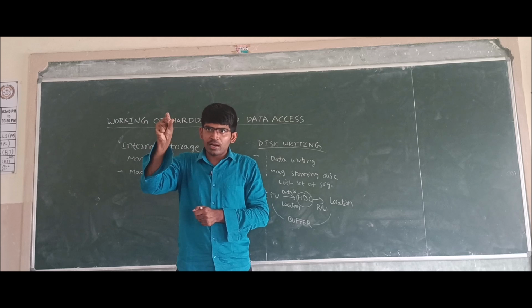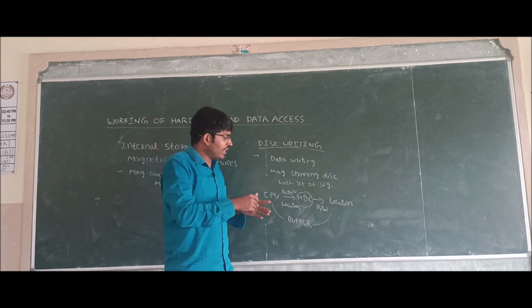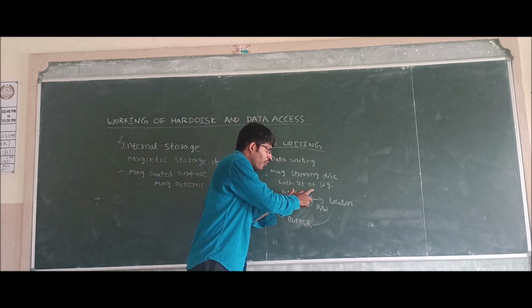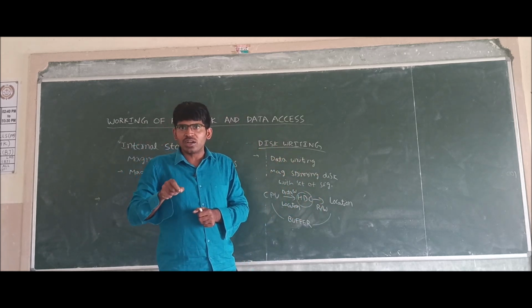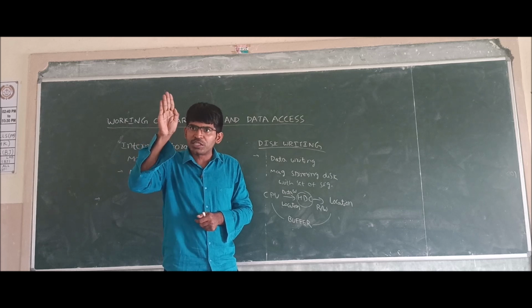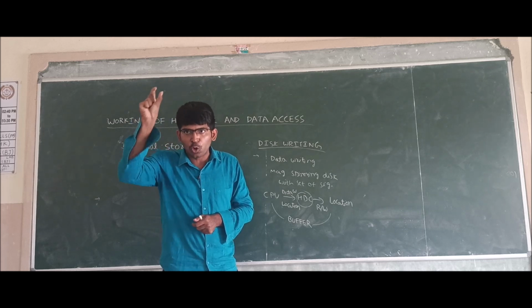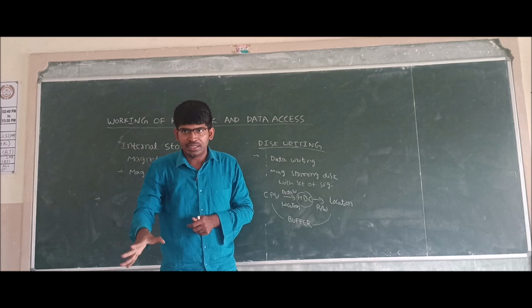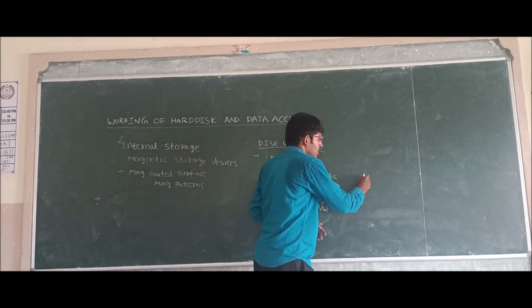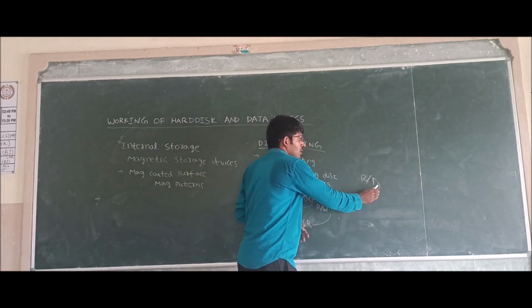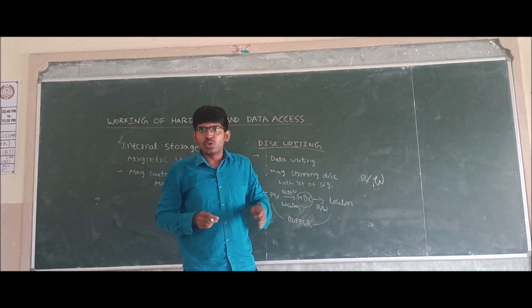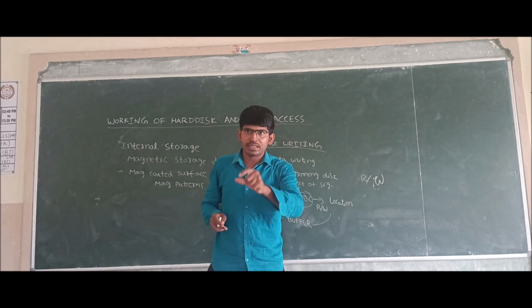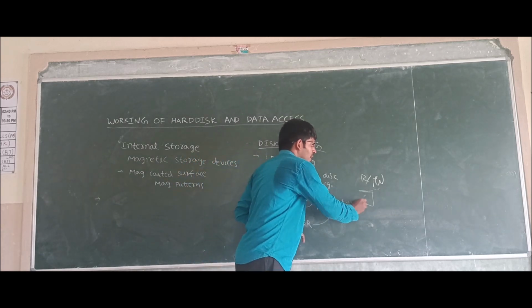If that particular location is free, then whenever the CPU is asking for that location, the disk controller says, I am giving you permission to access this location for the data write. Then it will put the read or write head. In this case, this is a write head. It is giving access to this particular location.